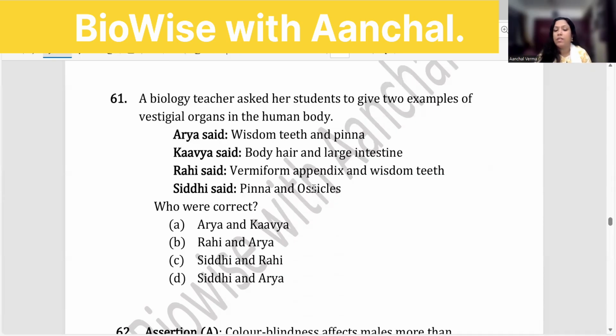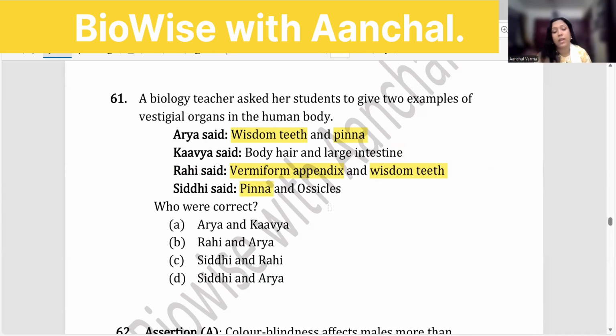Now tell me, first mark the vestigial organs. Wisdom teeth is a vestigial organ. Pinna is a vestigial organ. Body hair is important, though not very important, but it is important a little bit. Large intestine is very important. Vermiform appendix is right. Teeth is also right. Pinna is a vestigial organ, and ear ossicles are important for listening.